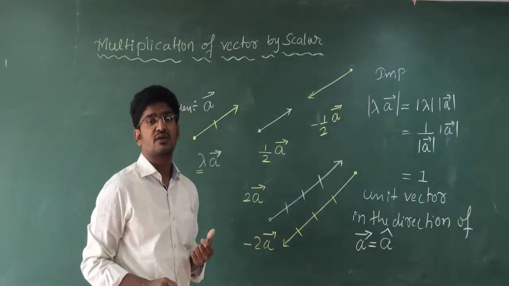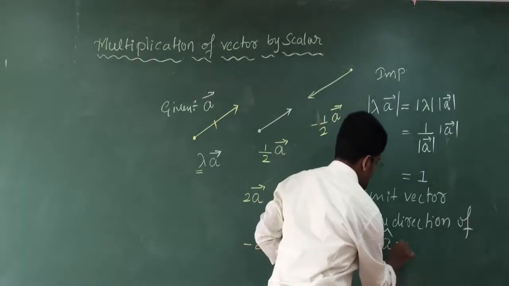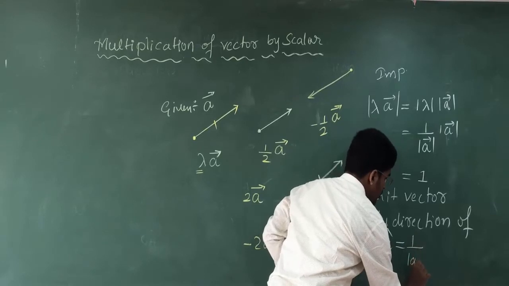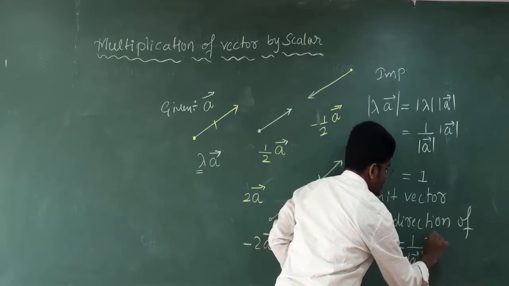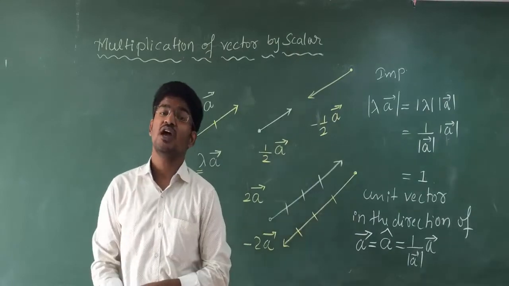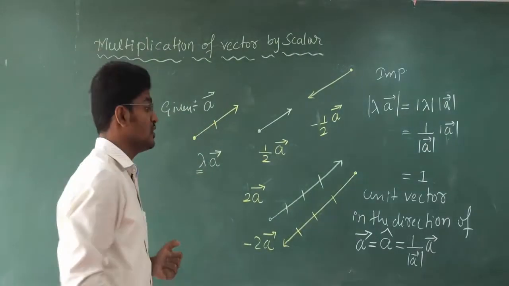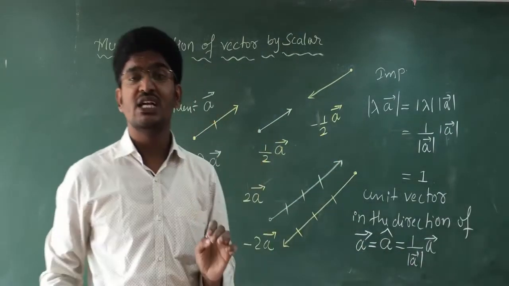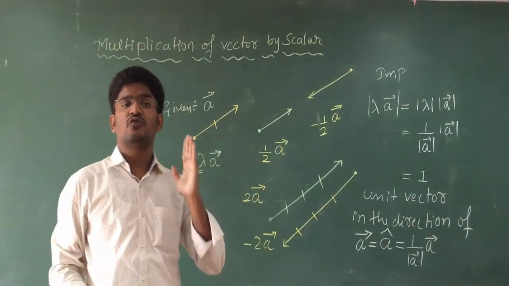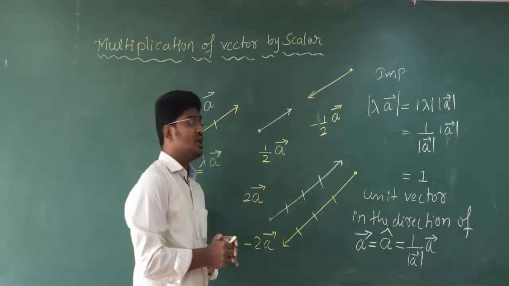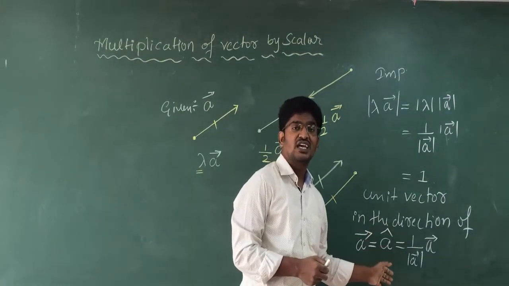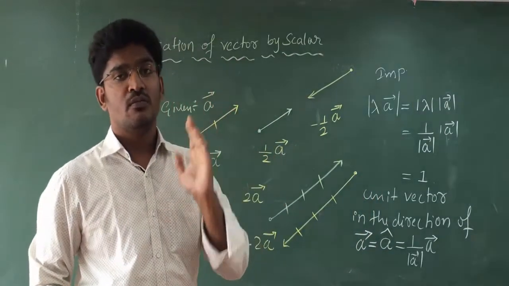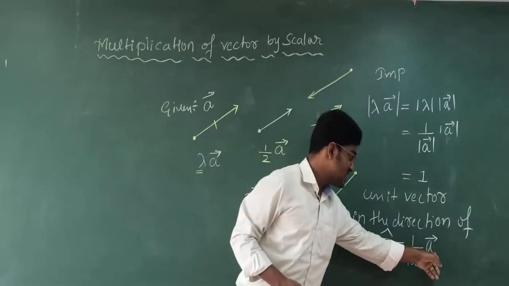A unit vector is represented by A cap, and this A cap is nothing but 1 by mod of vector A multiplied with vector A.